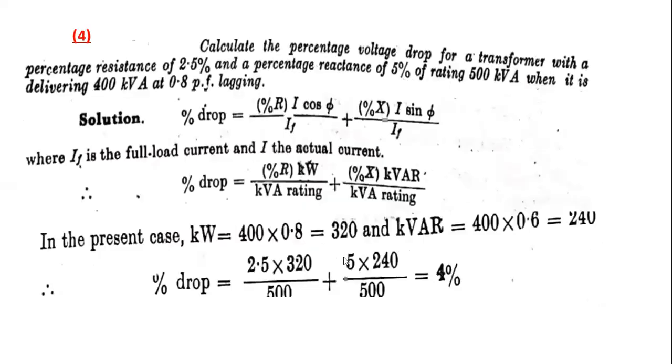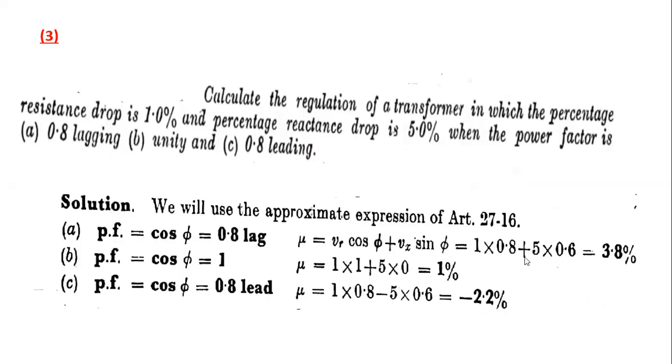Substituting VR is equal to 1 and VX is equal to 5, we obtain 3.8%. VR means the resistance drop, that is 1, and VX is the reactance drop, that is 5.